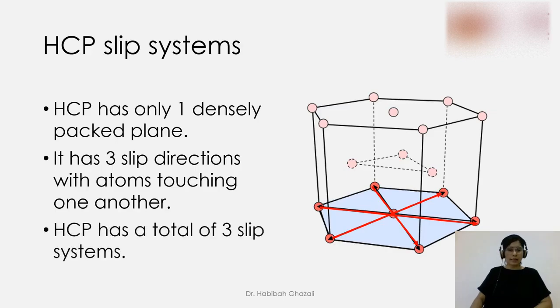So in total, HCP has a total of 3 slip systems. So HCP, if we compare to the other two metals, has a lot fewer slip systems, and therefore they are less ductile. Metals with this crystal structure are less ductile if we compare to FCC and also BCC.